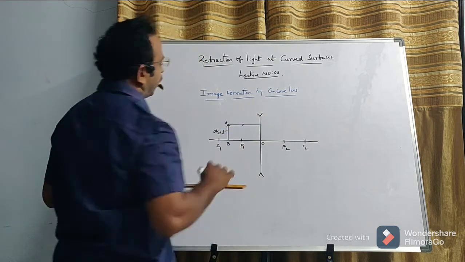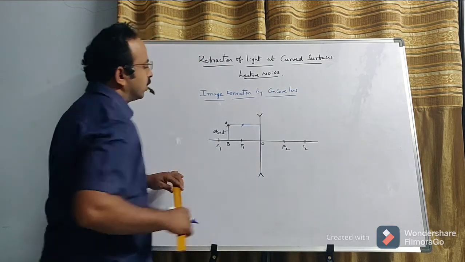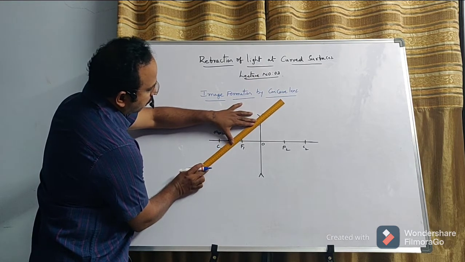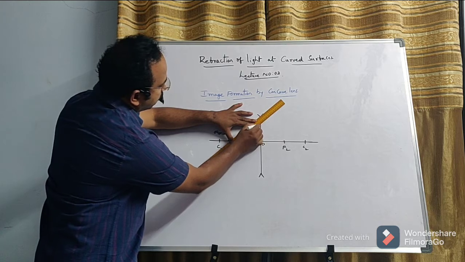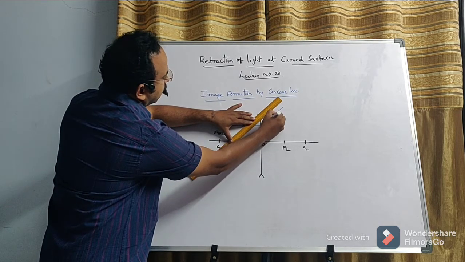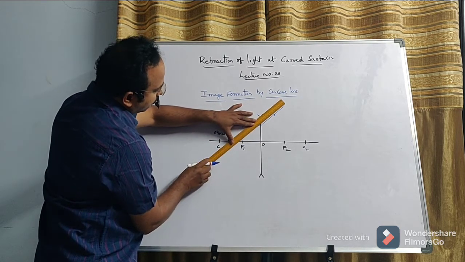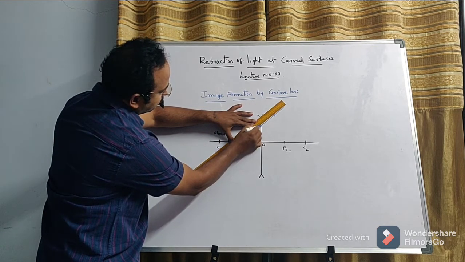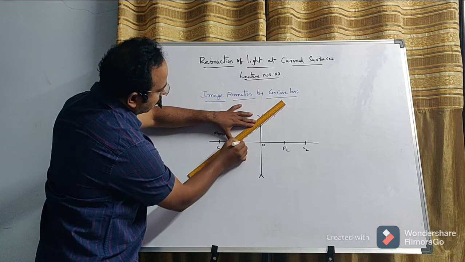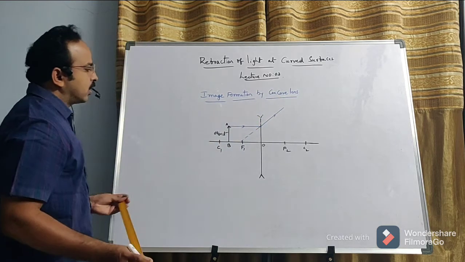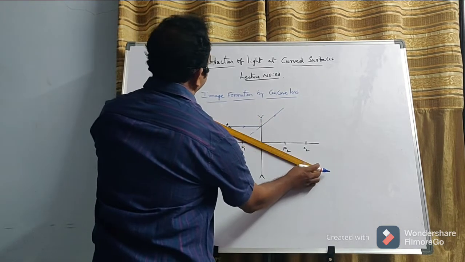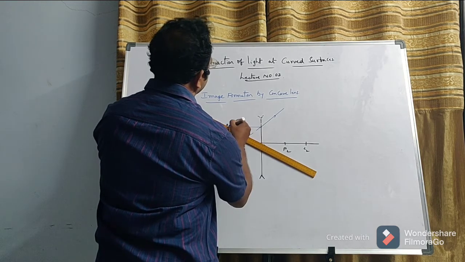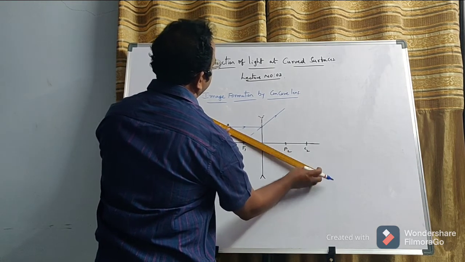It diverges and appears to be going from the focus. It diverges like this. If I extend this light ray back, it meets at this point, the focus. And as usual, if you draw a ray through the optic center, the light ray passes undeviated.